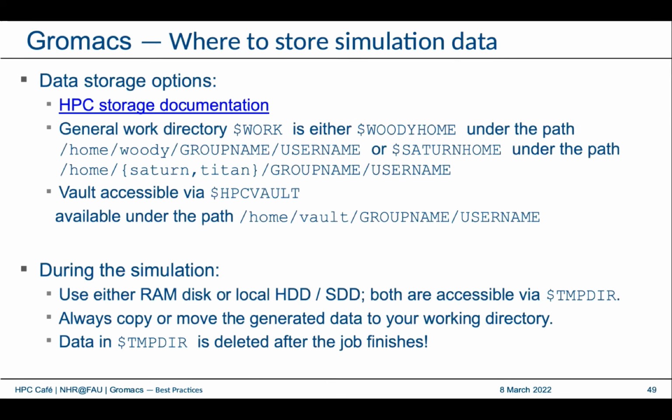Just copy all of your input files to $TMPDIR and then start the simulation, and then copy or move your data back to your working directory, because the local disk is flushed after the job finishes, so your data is lost. Be careful to remember this and store your data after your simulation is finished.